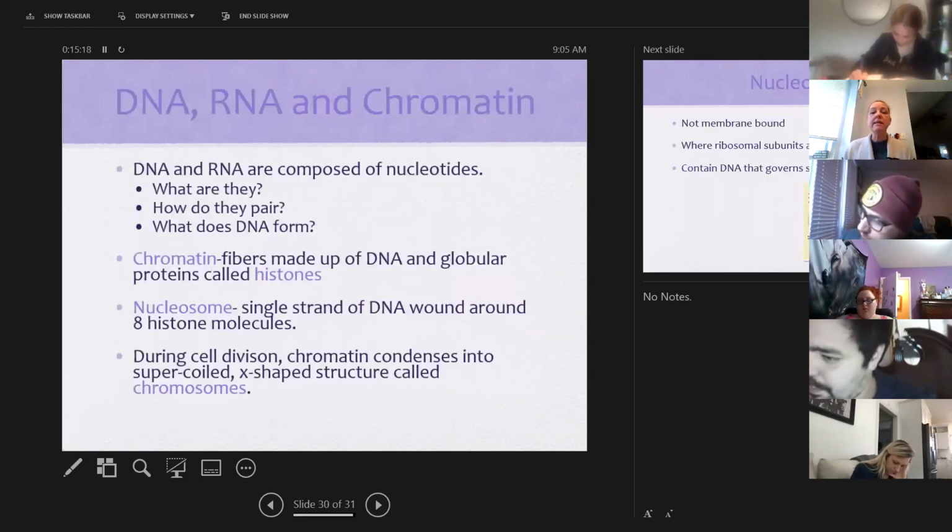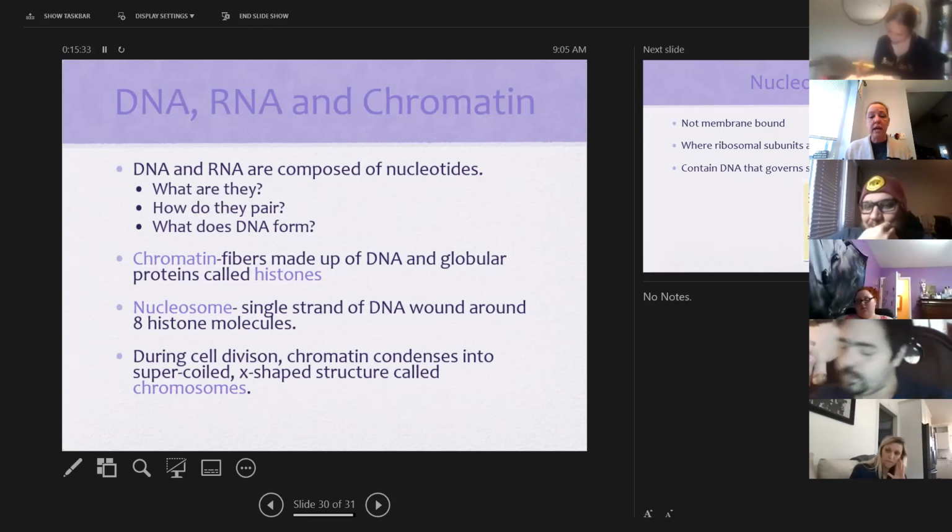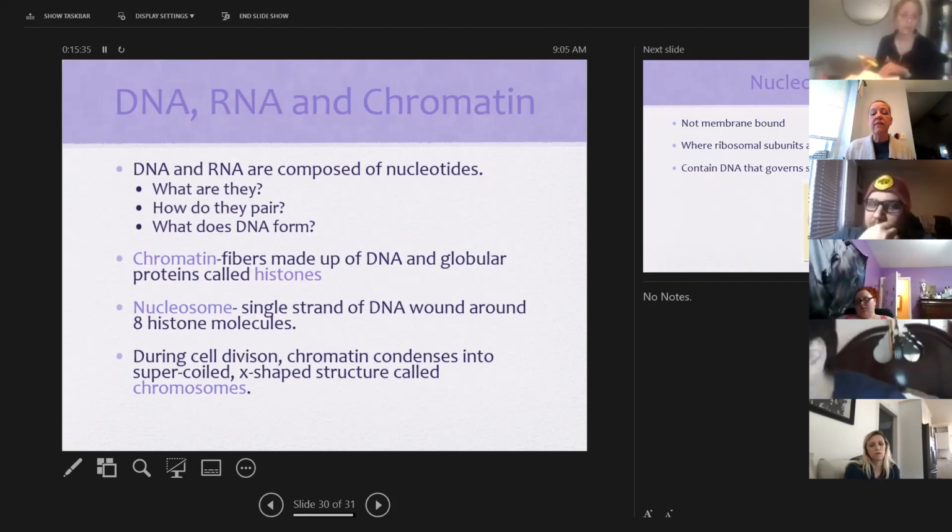And this is where our DNA is contained and RNA is created. And what we have is this stuff called chromatin. Chromatin, again, I think we talked about this yesterday, is little fibers that are made up of your DNA.